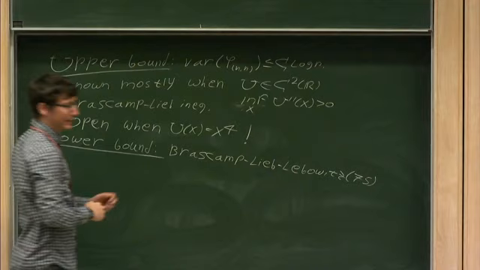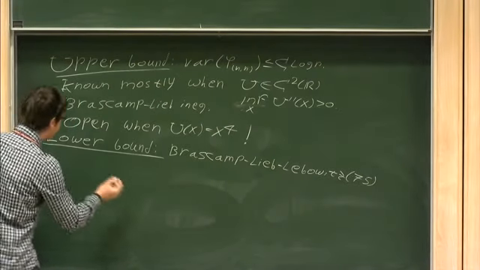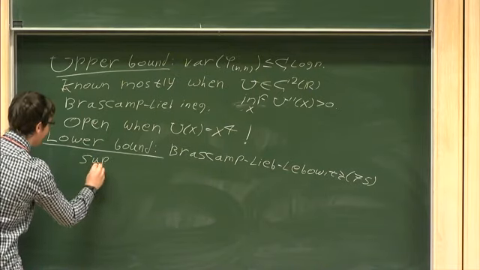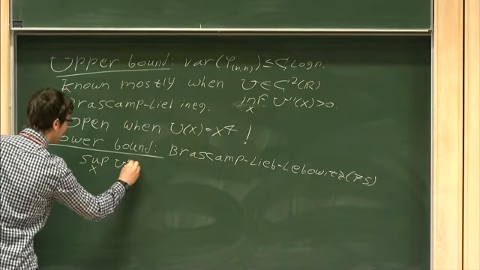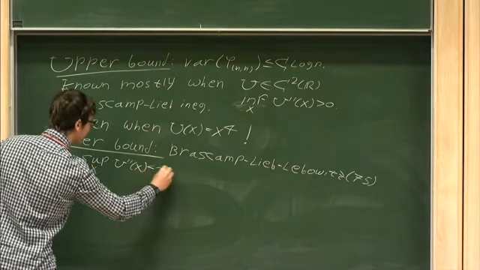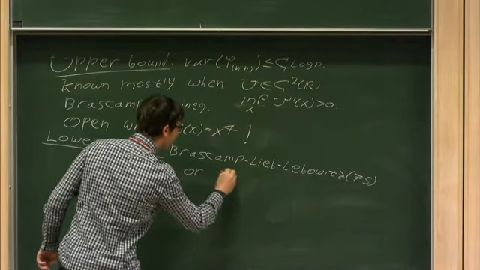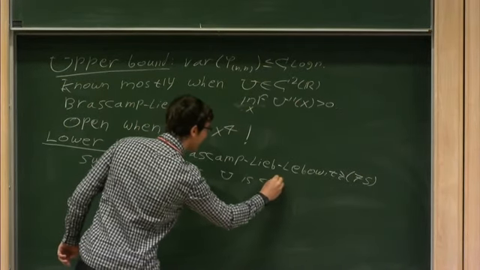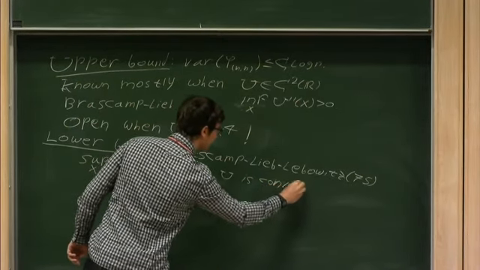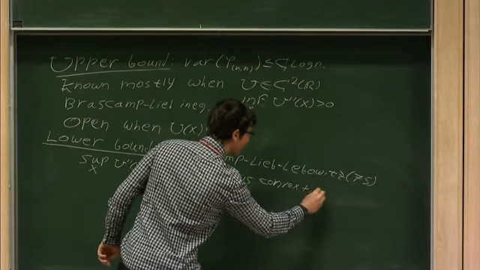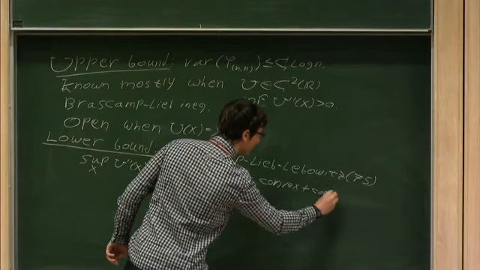And they showed that you have the lower bound when the supremum over x of u prime prime of x is less than infinity. Or there was another possibility, or u is convex, plus some minor integrability condition, plus a small condition that is not so important.